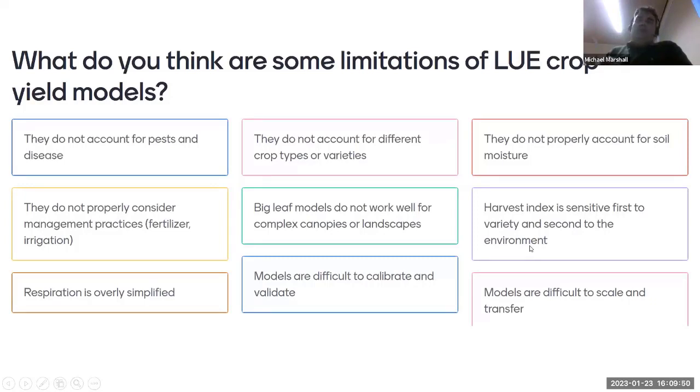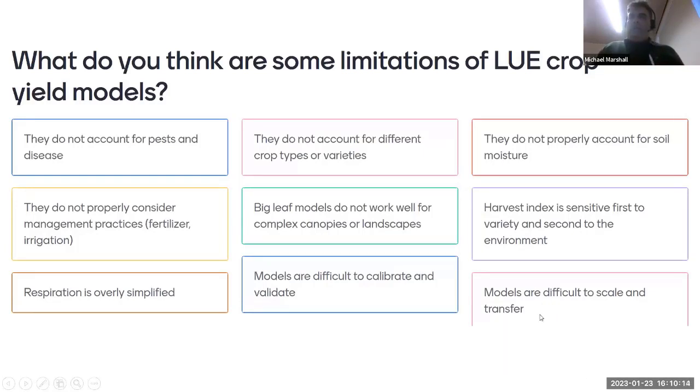So we assume that the harvest index is constant by crop type or climatic zone, but in fact it does change. And this is another active area of research that I'm working on, to use the biomass information to estimate the harvest index in an intelligent, automated way on a pixel basis.